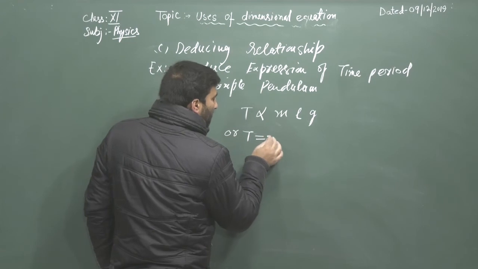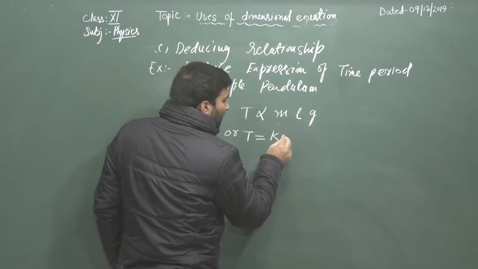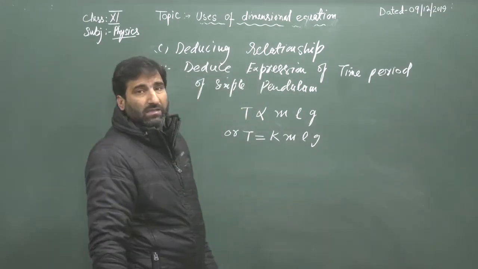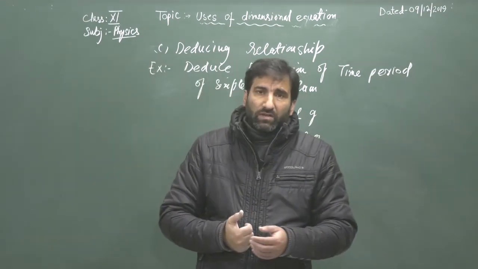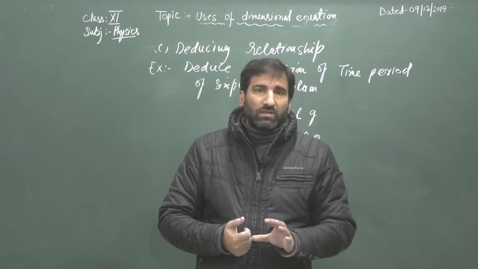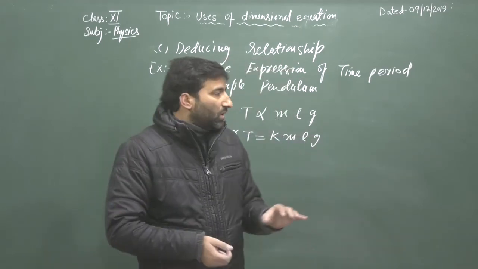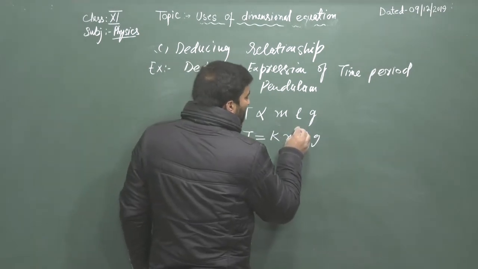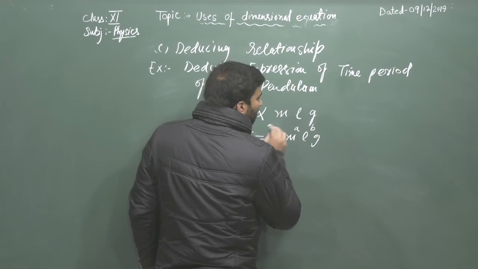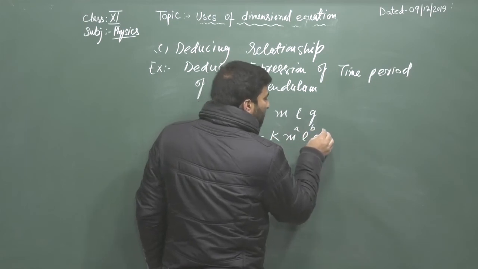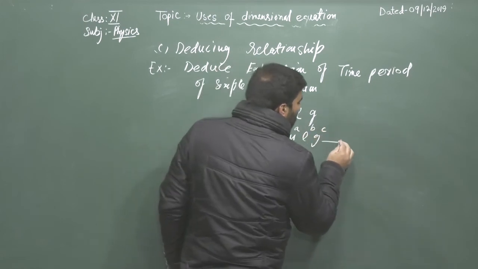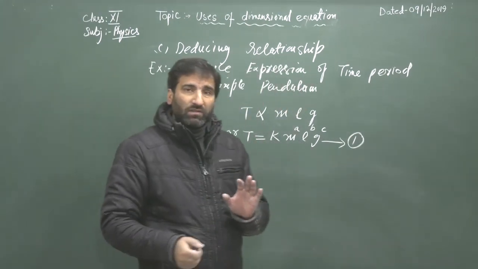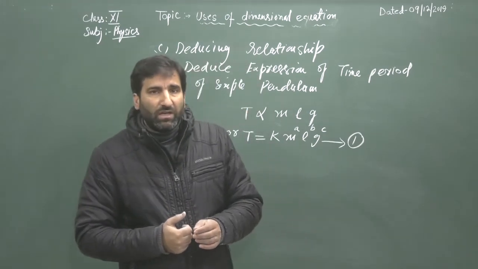We can write T is equal to K times m^a L^b g^c, where K is a dimensionless constant. Let the dimension of m be a, of L be b, and of g be c. Name this equation number first.